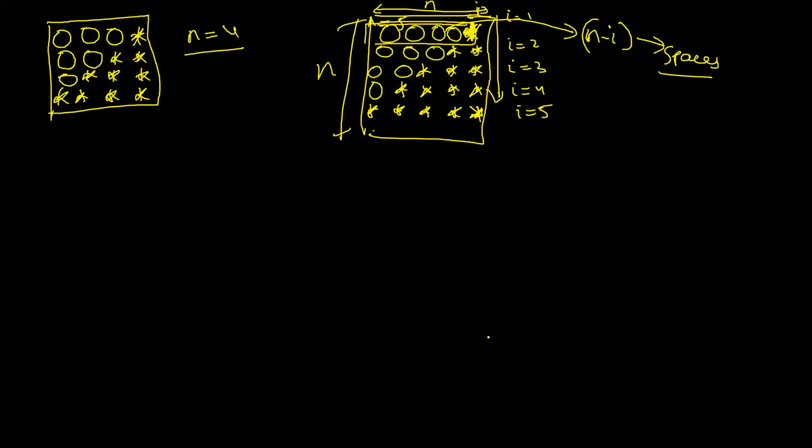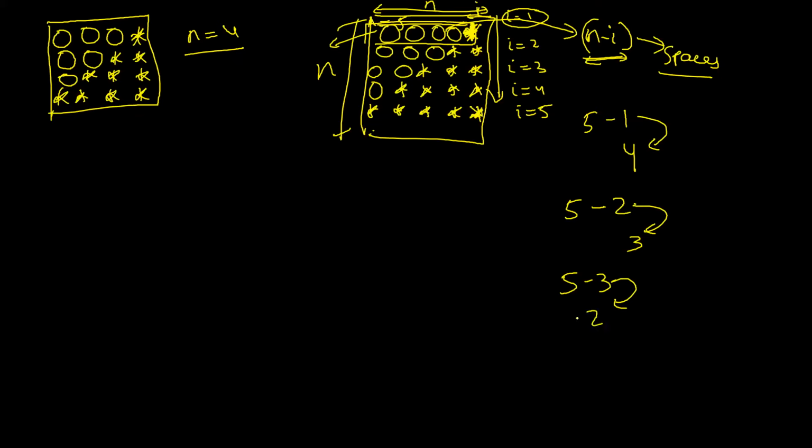Guys, are you following? You can see for i equals 1, 4 spaces are printed. How has this value 4 come? 5 minus 1, right? Similarly 5 minus 2, 3 spaces, correct? 5 minus 3, 2 spaces. 5 minus 4, 1 space.